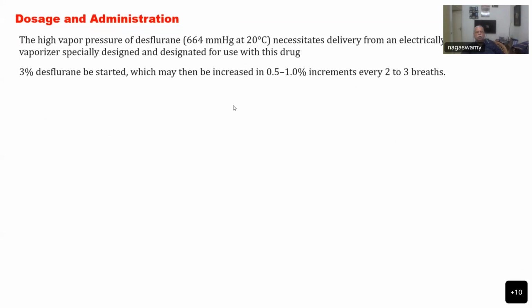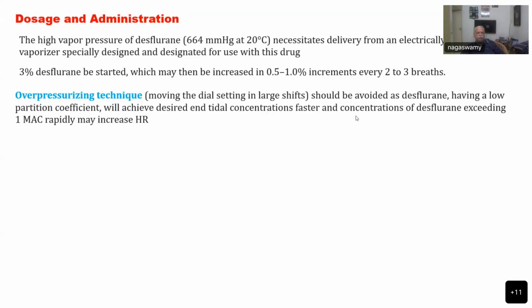So after you put in an LMA or an ET tube, you start first with 3%, then gradually increase it by 0.5 to 1%. And of course, all of you may know that the Desflurane vaporizer, the Tec 6, has a maximum 18% delivery. So from 3% you go to 3.5, 4, 4.5 like that every 2 to 3 breaths.